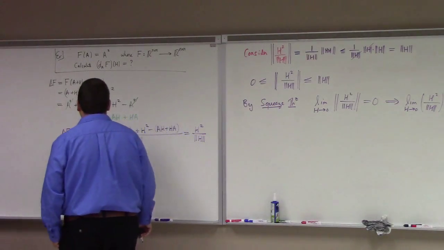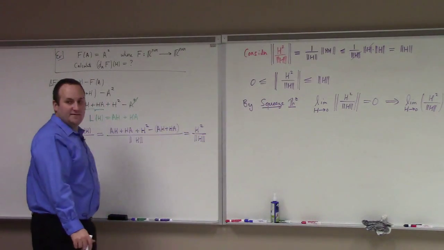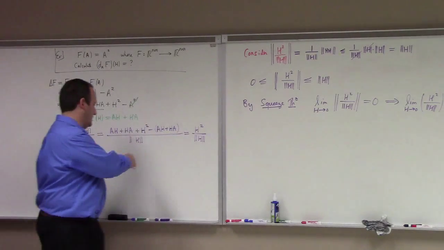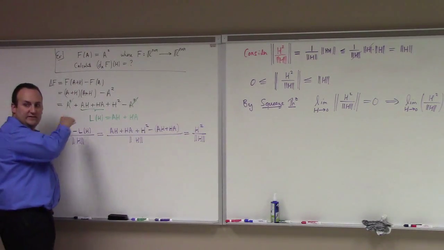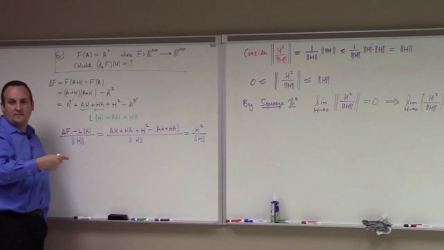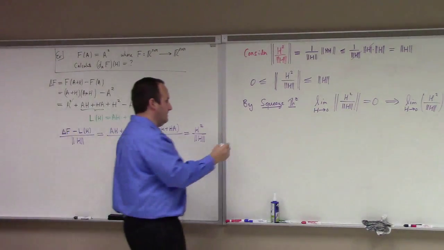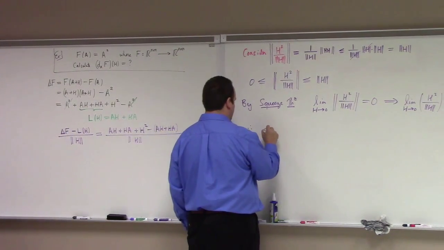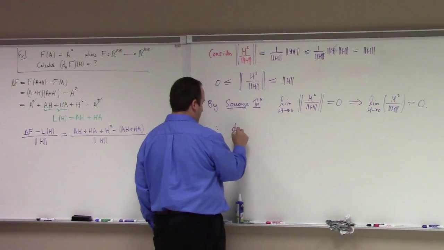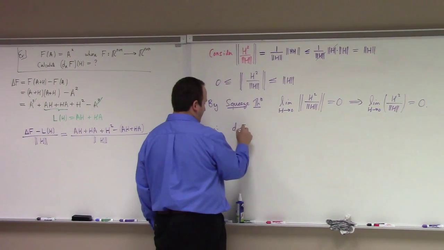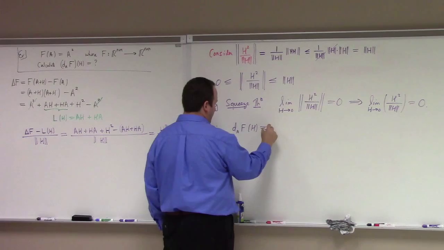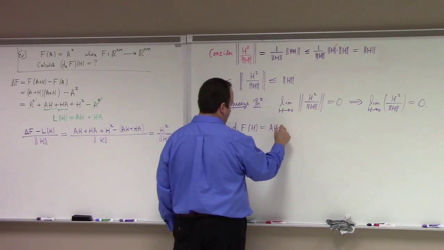Which just goes to show you that our aha moment was legitimate, because that shows that the Frechet quotient tends to 0 as h goes to 0, and consequently the differential at a of f of h is equal to a plus ha.